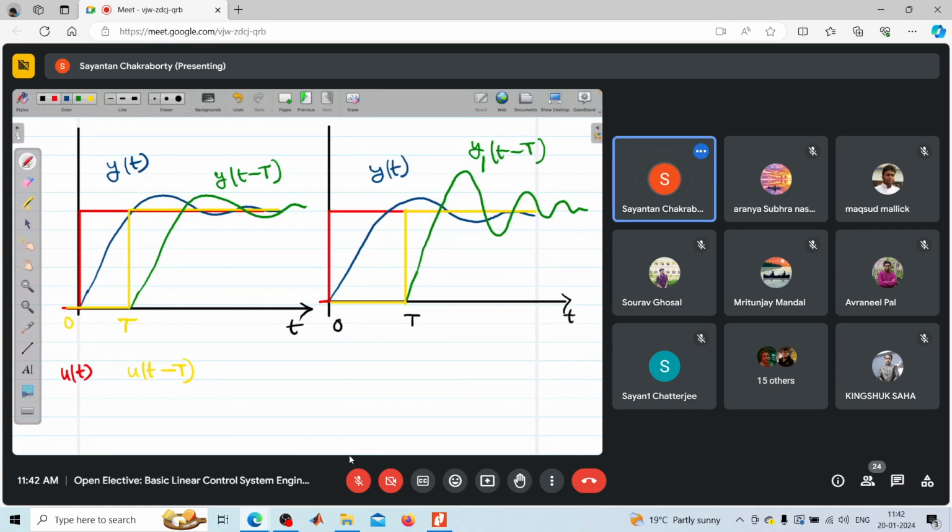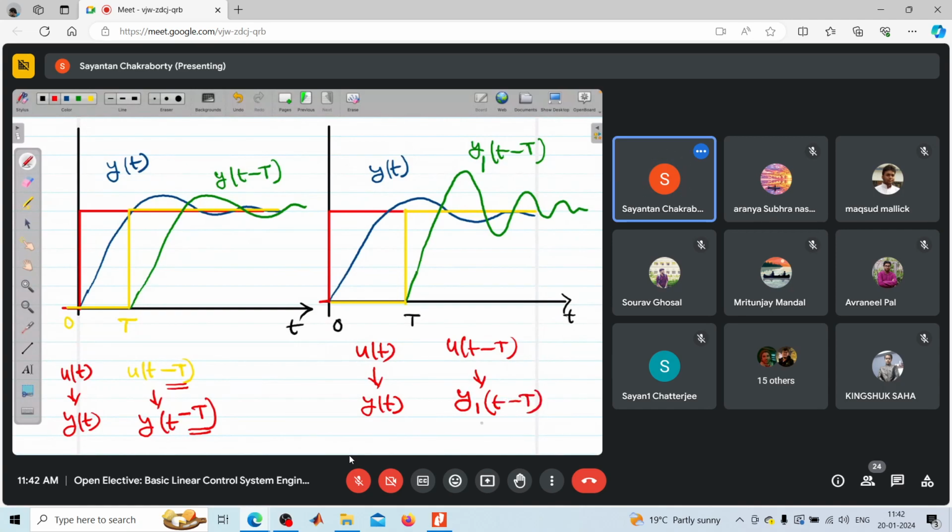So clearly, in the first case, given an input u(t), it produces an output y(t), and u(t minus T) produces the same output shifted by the same amount by which the input is delayed. But in the second scenario, u(t) produces y(t), but u(t minus T) produces another function which is not equal to y(t minus T).